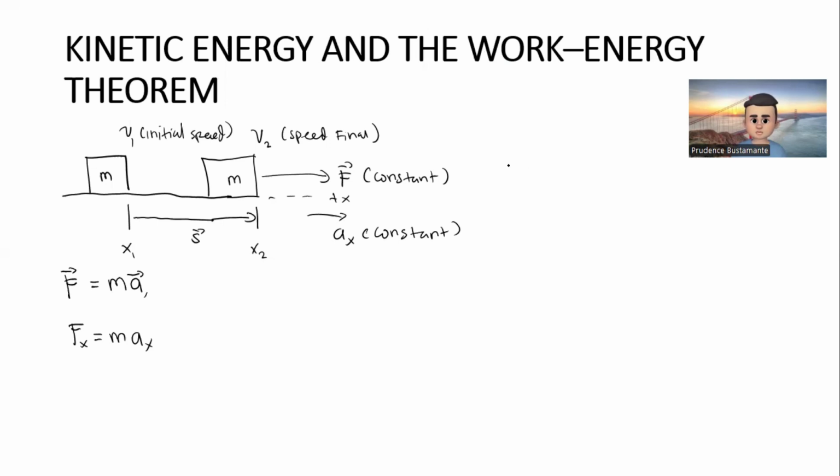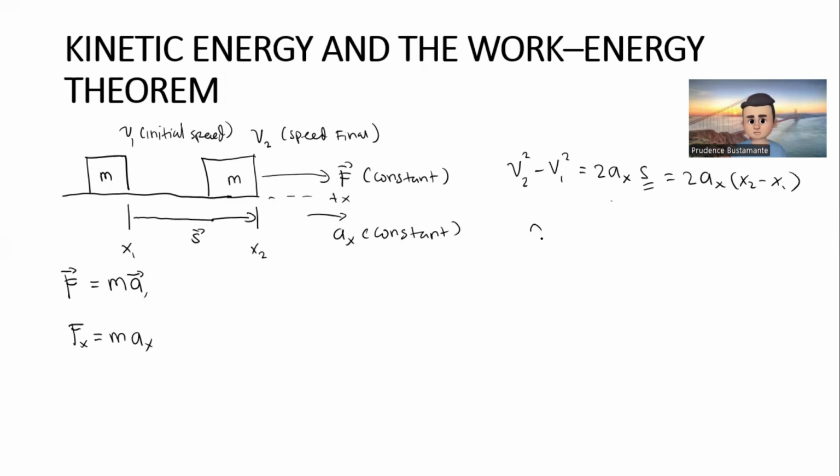We can get that, for example, from v2 squared minus v1 squared is equal to 2 times the acceleration along x times s, or 2 times ax, x2 minus x1, or just s, the displacement.